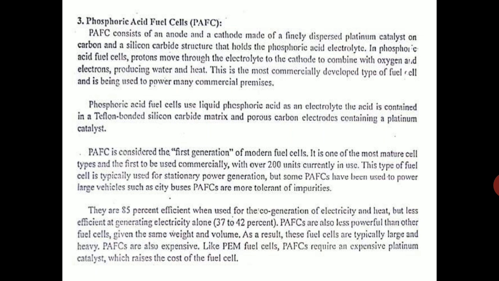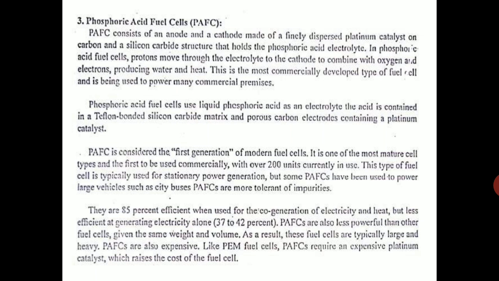So power density comes into the picture here. But these fuel cells as of today have more weight and volume. As a result, these fuel cells are typically large and heavy. But now they are being made compact, and they are also expensive because they use platinum as a catalyst.